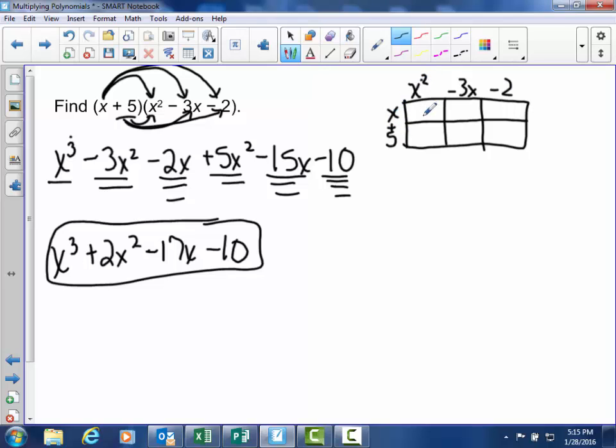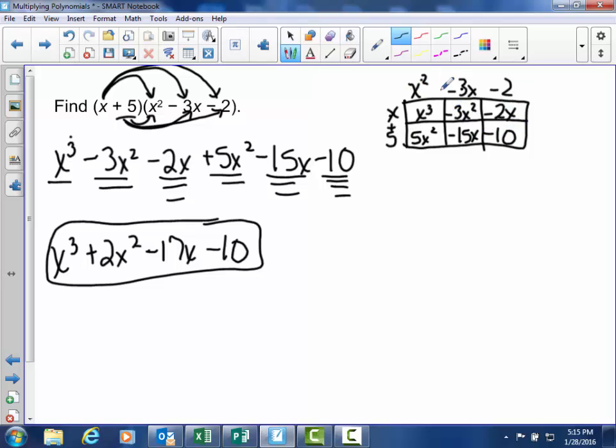So x times x squared is x to the third power. X times negative 3x is negative 3x squared. X times minus 2 is minus 2x. We have 5 times x squared, so 5x squared. 5 times negative 3x is negative 15x. 5 times negative 2 is negative 10.